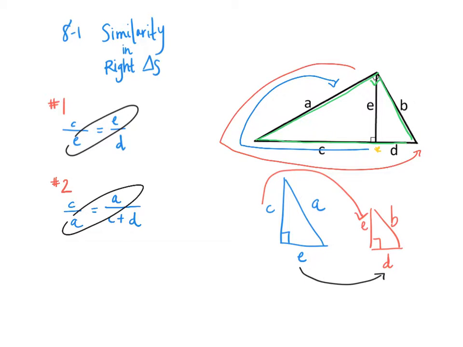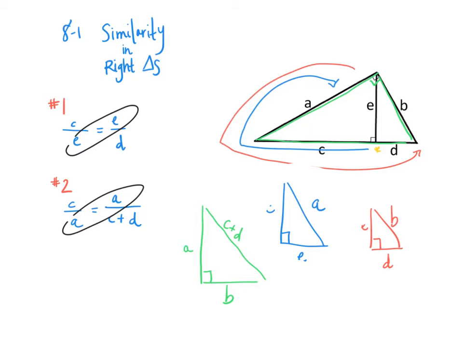And what I'm going to do is orient it the exact same way as those other triangles. So it looks to me that the hypotenuse is C plus D. The shortest side is B, and then that middle side is A. So I'm going to erase some of these markings that I had earlier, just so that there's not so many markings going on.